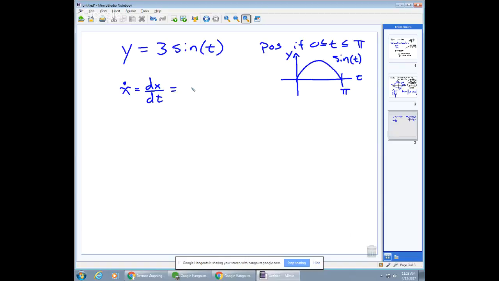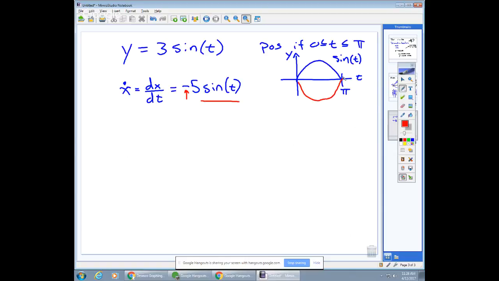And so my x dot, the derivative of the cosine is the negative sine. So I'm going to have negative 5 times the sine of t. And note the negative sign, that's going to be down here between 0 and pi, right?